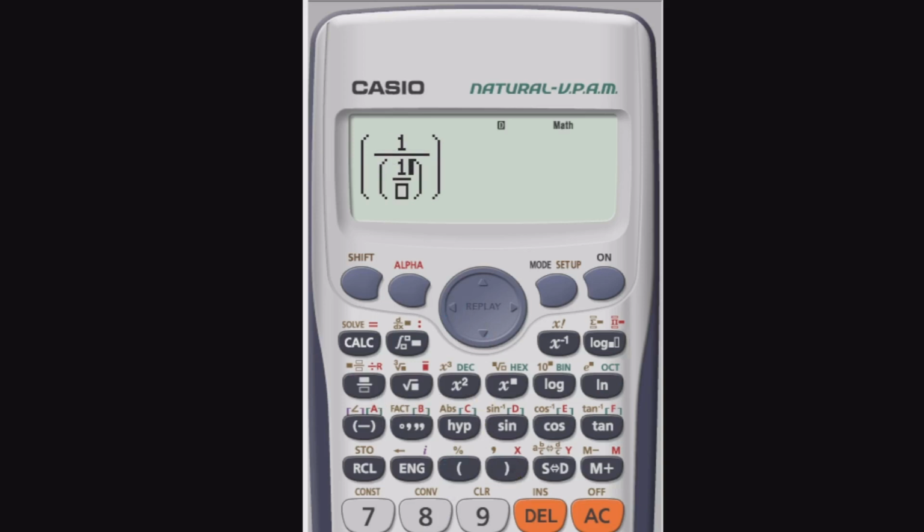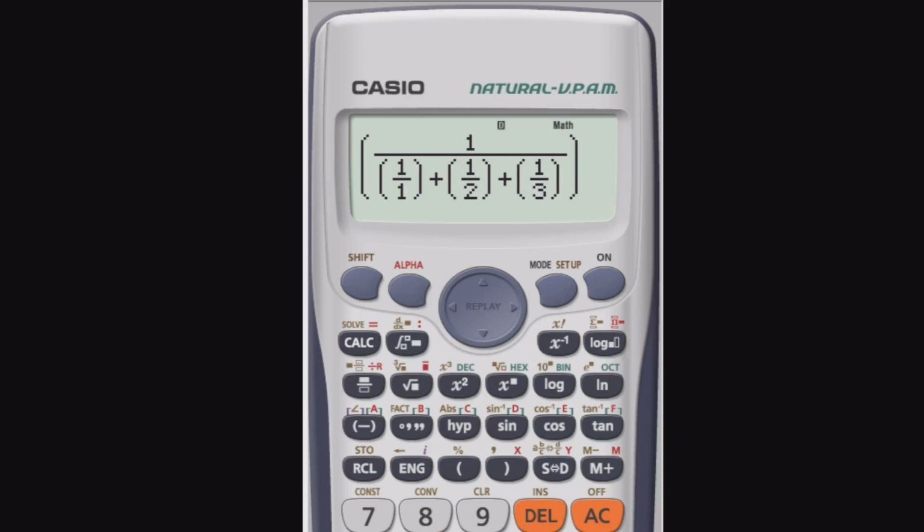So that will be 1 over 1, and then the plus sign, then the parenthesis again, the fraction sign, 1 divided by 2, and then plus the parenthesis again, the fraction sign, 1 divided by 3.